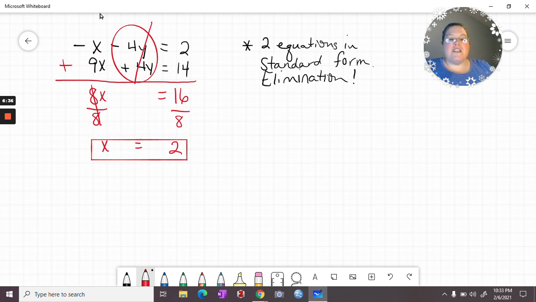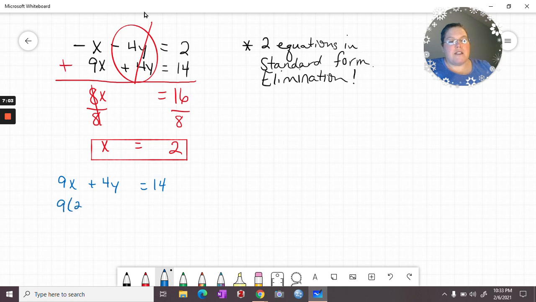So now all I need to do is go back and find the value of y. And I can do that using either of the two original equations. So do I want to use negative x minus 4y equals 2 or 9x plus 4y equals 14? It doesn't matter. So I'm going to go with the one with positive coefficients. Okay, and I'm going to put in 2 for x.